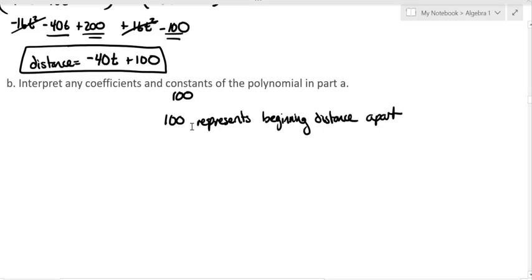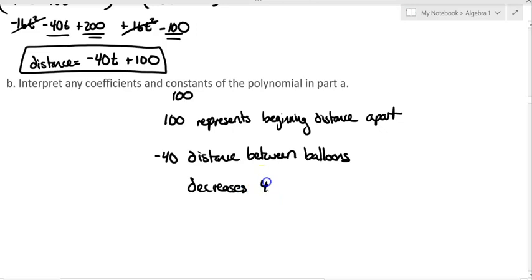And then the negative 40 means that the distance between the balloons decreases 40 feet every 1 second. So the red balloon is being thrown, so it's accelerating, so they're actually getting closer and closer. So every 1 second, the balloons are 40 feet closer to each other.